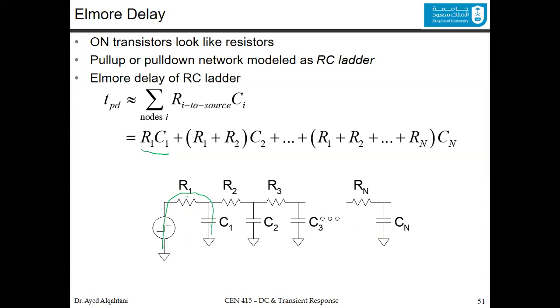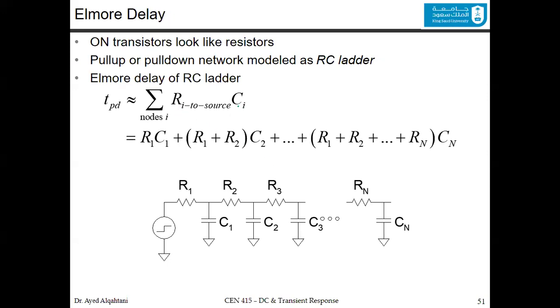For the next capacitance, C2 times R1 plus R2. For the next path, it's C3 times R1 plus R2 plus R3. And the last one, Cn, adds up all the resistance in the line times this capacitance to be able to discharge it.